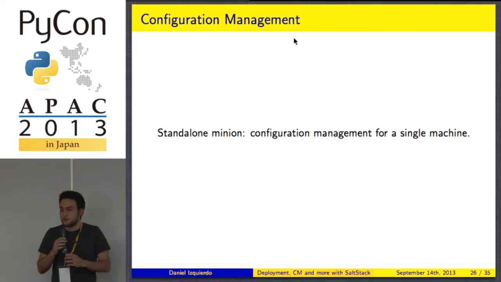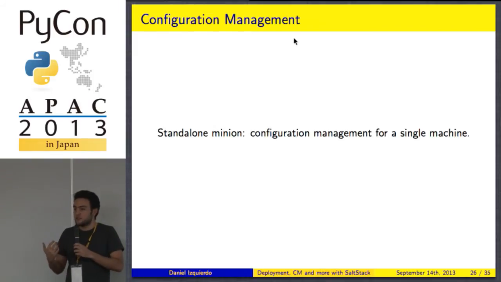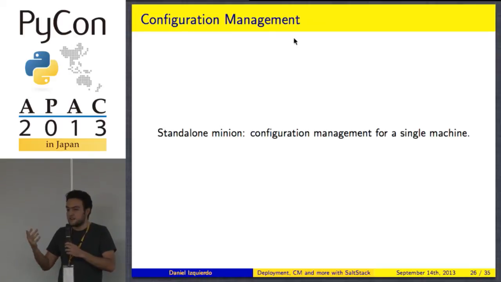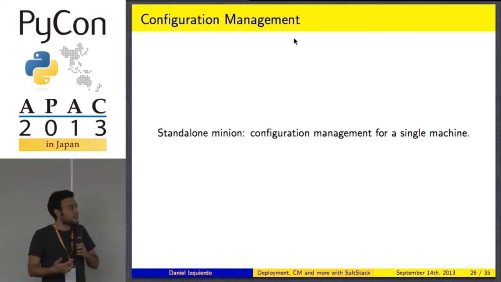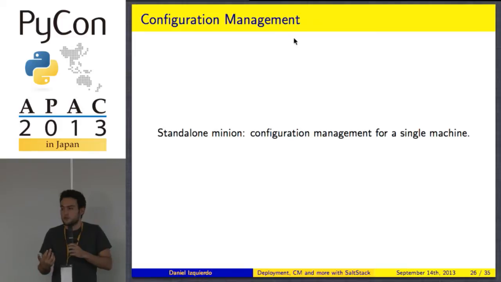So for small installations, or in cases where you don't want to be running a machine that's acting as a salt master, and it's a lot of hassle to set up a client-server infrastructure just to be able to use configuration management to maintain your machines, Salt also provides a masterless mode where you're running a standalone minion.